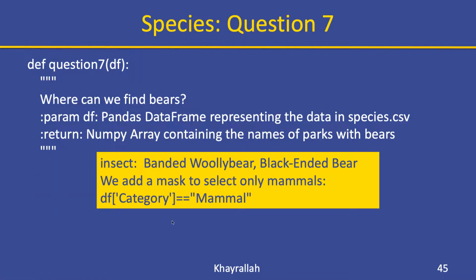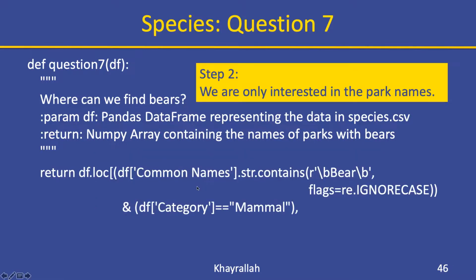We also need to add a category because it turns out that there's a black-anded bear that is no bear either. That's a poor little insect. So we want to exclude it from our result. So we add a category equals mammal. So now we have to filter by this as well. So this is our Boolean mask. We have two of them now so far. We have the common names that contain bear and the category that's a mammal.